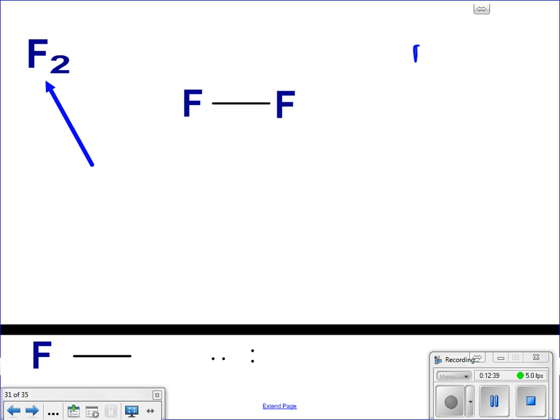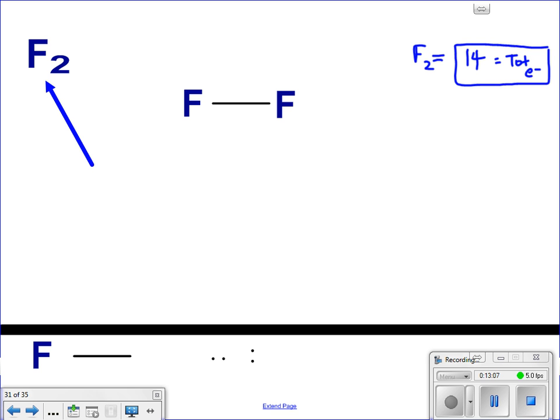So I have fluorines, 2 of them. Fluorine is in column 7 or 17, depending on your periodic chart, and it has 7 valence electrons. Because there's 2 fluorines, that makes 14. So 14 is equal to our total valence electrons available.